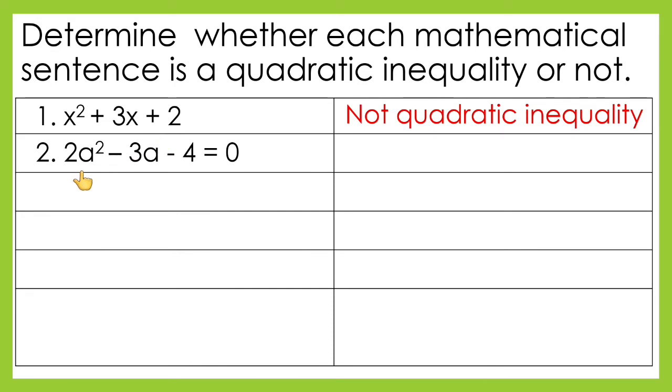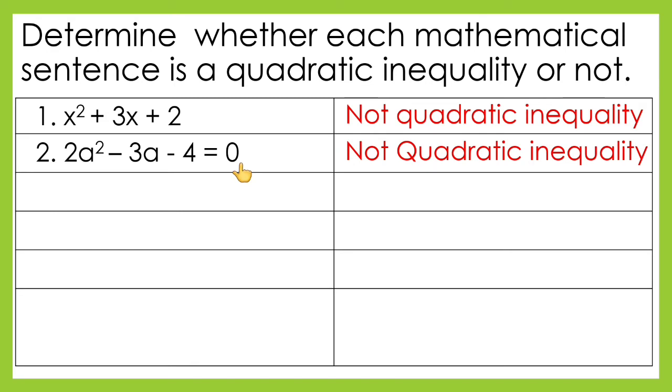Number 2, 2a squared minus 3a minus 4 is equal to 0. This is not quadratic inequality. Although ang degree niya ay 2, pero ang symbol ay hindi inequality, equal sign ang symbol niya, so this is quadratic equation.